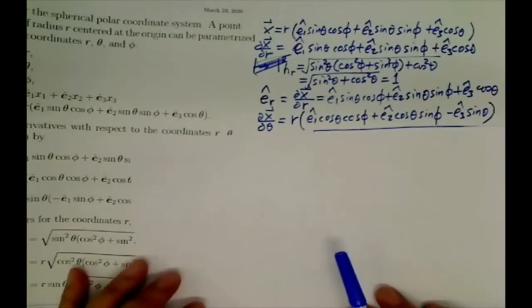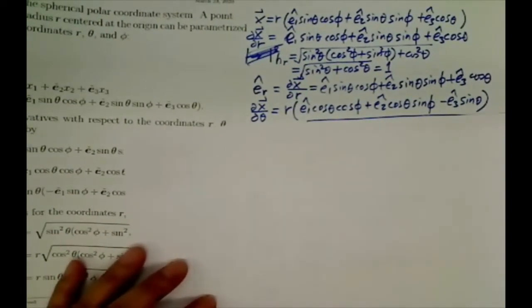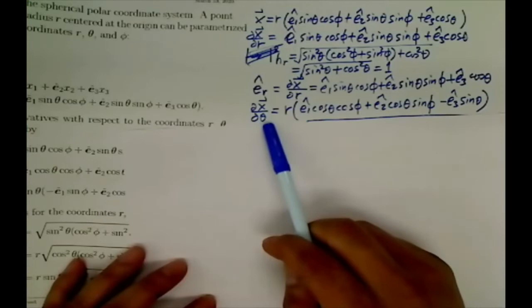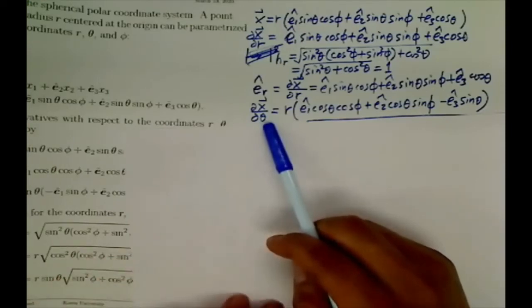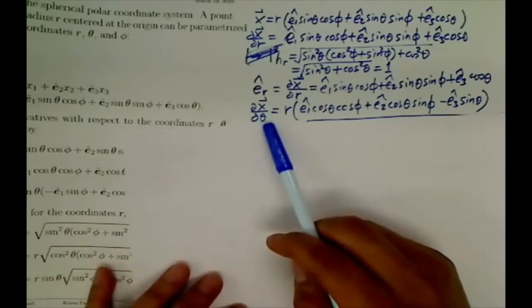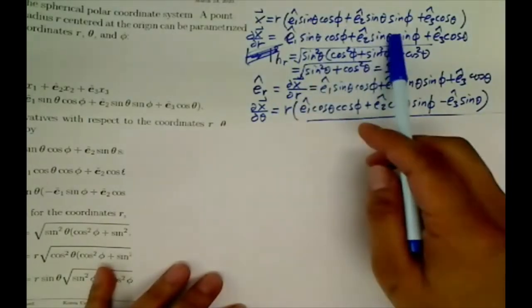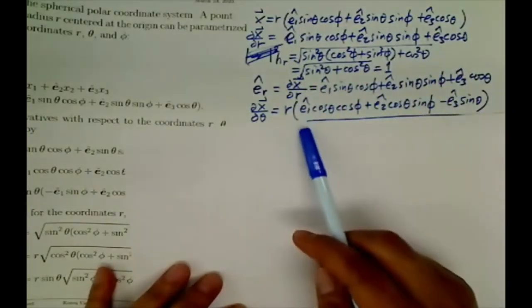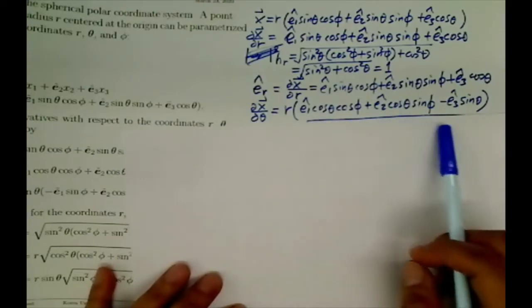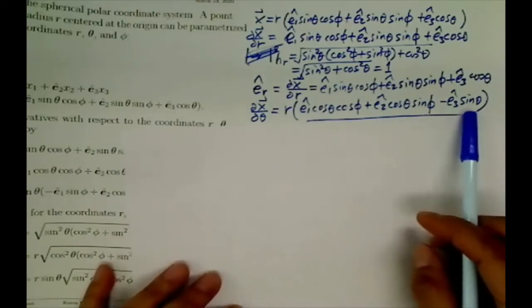Next, we consider the theta dependence. If I take the partial derivative with respect to theta, sine becomes cosine, and cosine becomes minus sine.